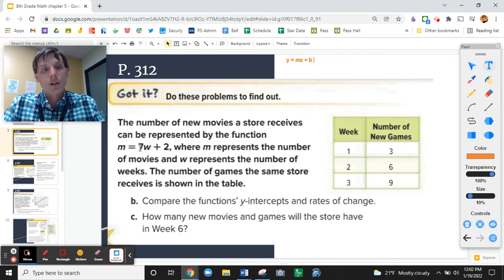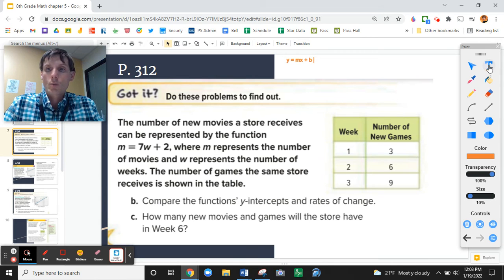And our m is our rate or our slope. Our b is that y-intercept. So we see that y-intercept for this one is 2. Whereas this one, there's no equation listed, but we can see by the rate of change that at 0 weeks, it would be 0 games, right? So this one has a y-intercept of 0. So our games has a y-intercept of 0. Our movies has a y-intercept of 2.